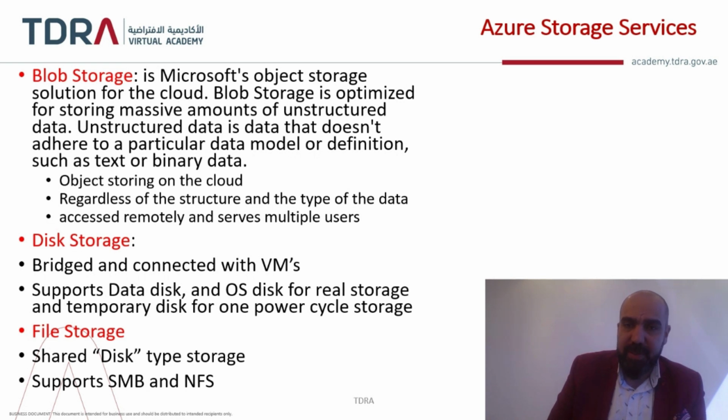Blob storage is responsible for structured and unstructured data, and especially with unstructured data, it can store it and it's very fast. Whenever you request it, you will have your data immediately. This is actually similar to what we call object storage in traditional IT.